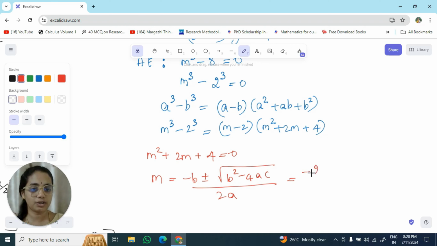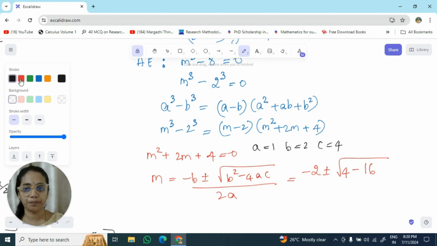What is the value of b? It is minus 2 plus or minus square root of 4 minus 4 into a into c. We have 16, right? The value of a over here is 1, b is 2 and c is 4 clearly. Yes, divided by 2 into 1.